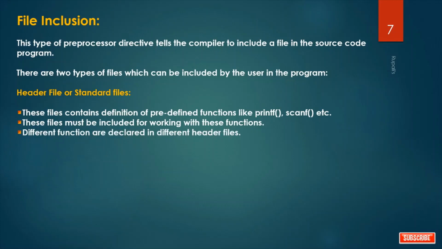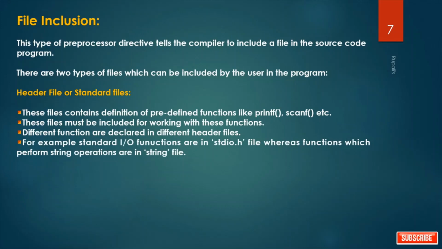Different functions are declared in different header files. See the example. For standard input output functions you have to include stdio.h. For using the printf and scanf functions, you have to include the stdio.h file. Functions which perform string operations are in the string file, so you have to include string.h.